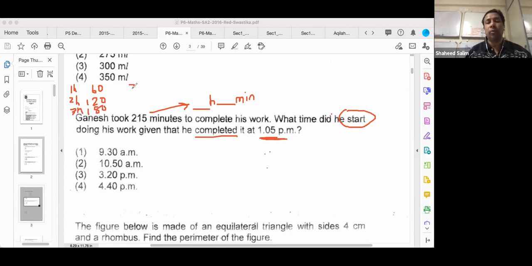So what you do, take 215 minus 180. You get 35 minutes. So this is 3 hours, until 180. Balance 35 minutes.